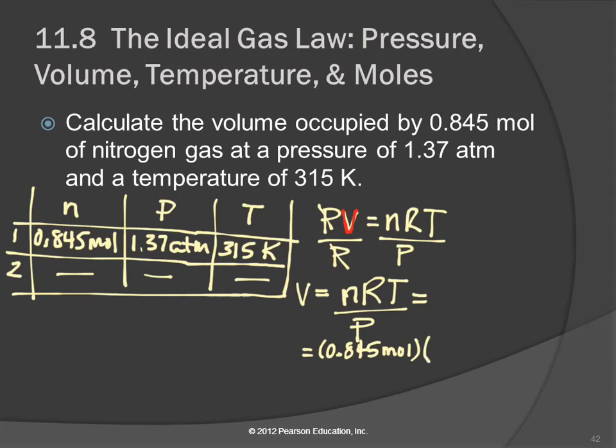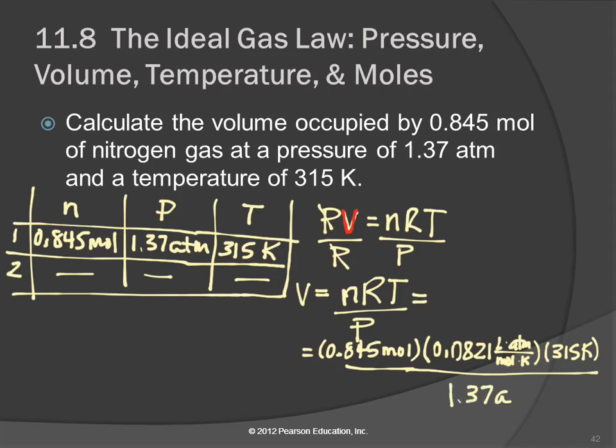What's R? 0.0821. And you have to put the units in. I know it's a pain. Liter atmospheres per mole Kelvin. The temperature is 315 Kelvin. We divide that whole big mess by pressure, which is 1.37 atmospheres.